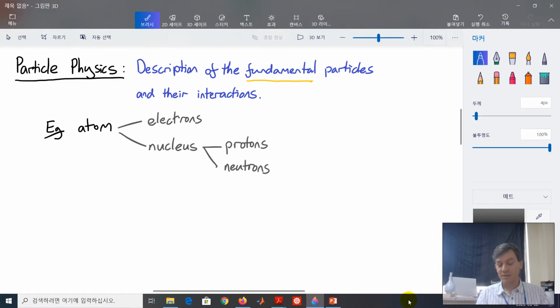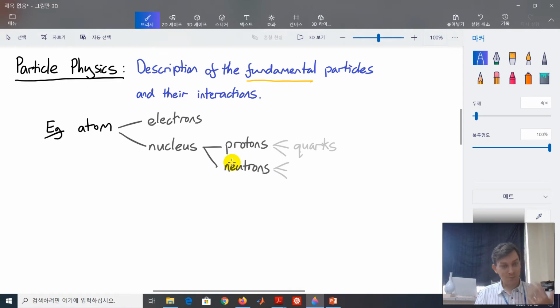Much later, in the 1960s, it was discovered that these particles could also be split into different kinds of particles, which collectively are known as quarks. If you haven't seen quarks before, don't worry, we will cover them in the next lecture.